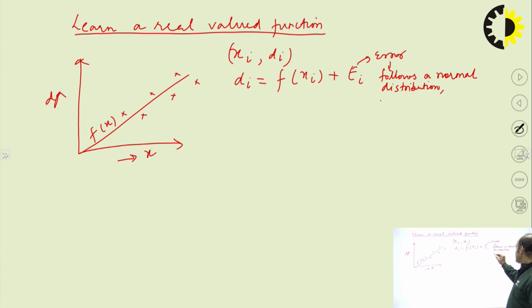Normal distribution means it has a mean equal to 0 and a standard deviation sigma. So this error will follow a normal distribution.